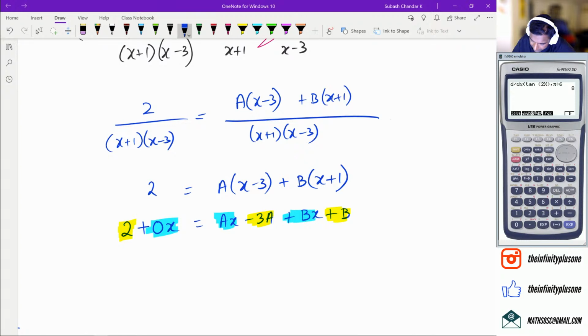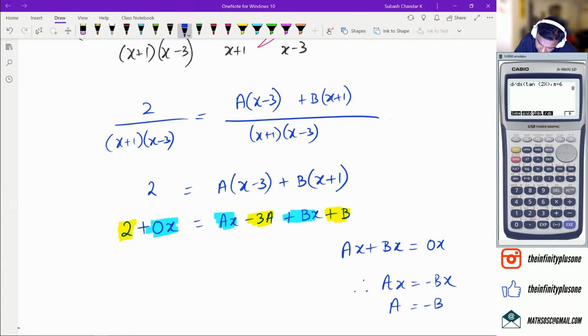In other words, ax plus bx is equal to 0x. Therefore, ax equals minus bx, and a is equal to minus b.